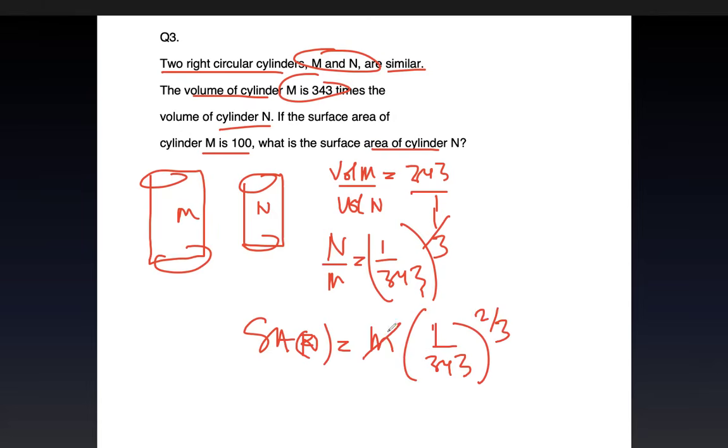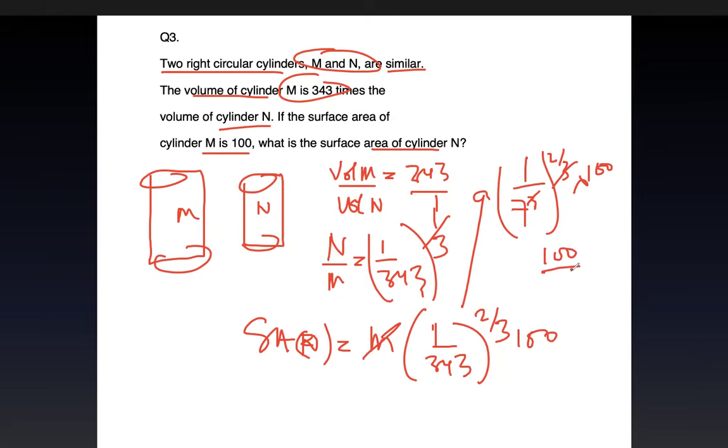So I just take that and put times 100. This can simplify easily. 7 cubed will give you 343. I have 2/3 here times 100. The third cancels. Therefore, I have 100 over 49.